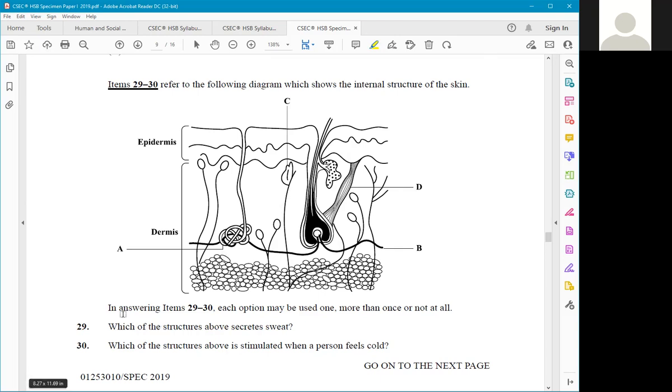In answering items 29 to 30, each option may be used once, more than once, or not at all. So you could use an option more than one time, or you could not use it at all.